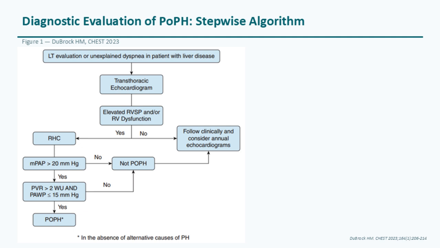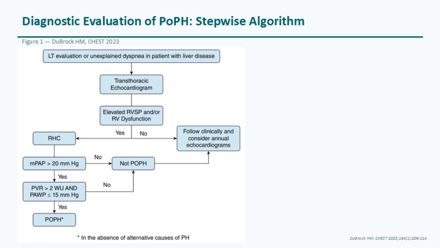Then, at the RHC stage, if the MPAP is strictly greater than 20, we then scrutinize the PVR and the wedge pressure. If the PVR is greater than 2 Wood units and the wedge pressure is 15 or less, congratulations, or rather, unfortunately for the patient, you have formally diagnosed portopulmonary hypertension. Of course, provided you've already ruled out chronic thromboembolic disease or intrinsic lung pathology.